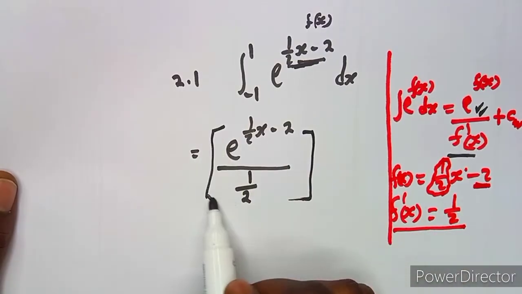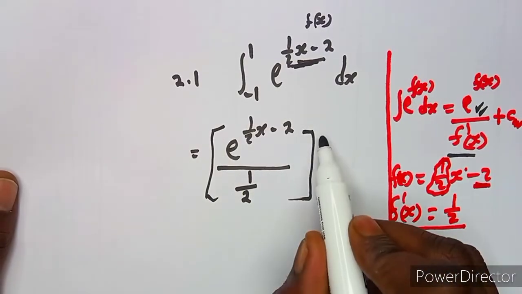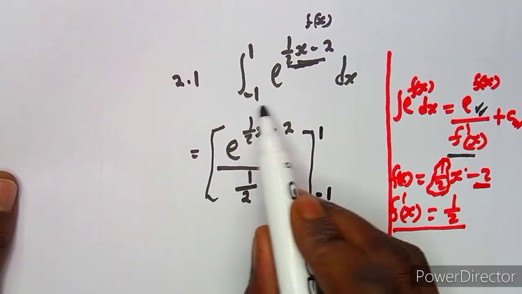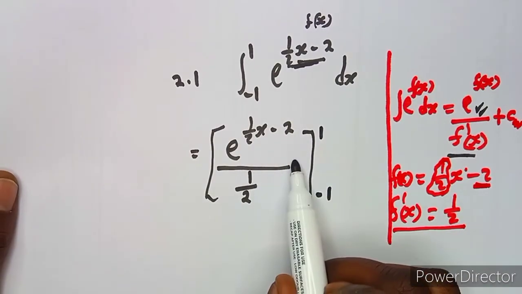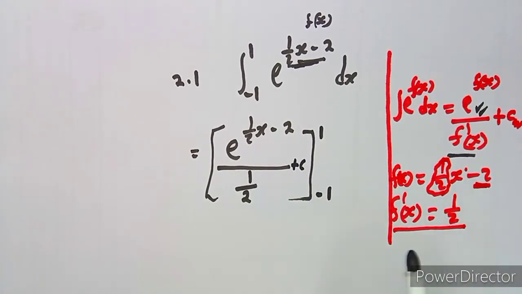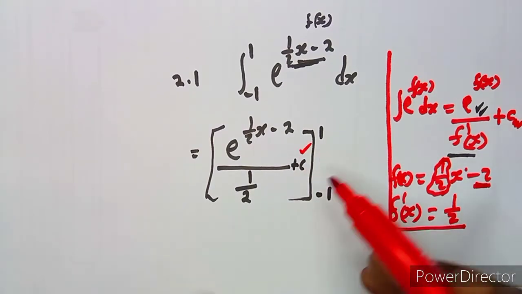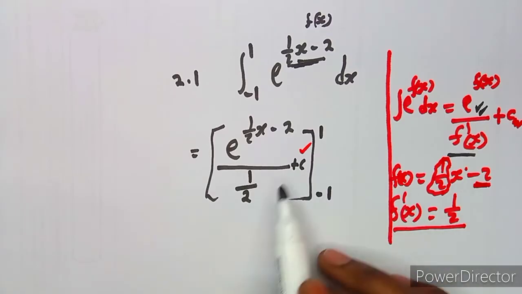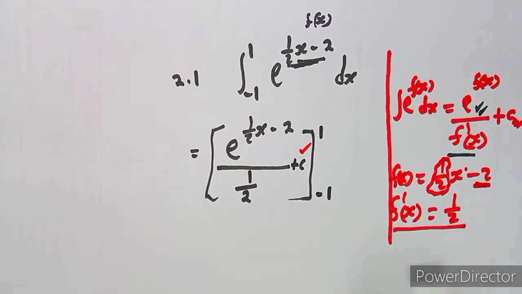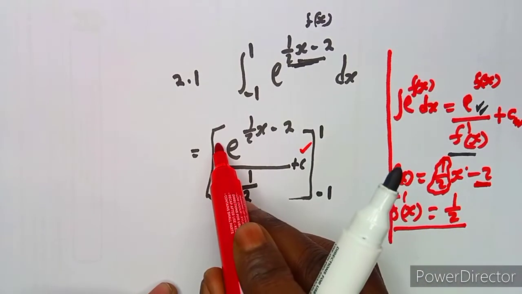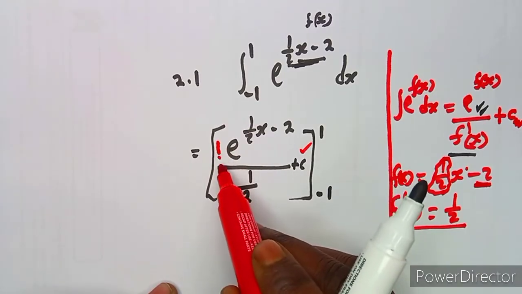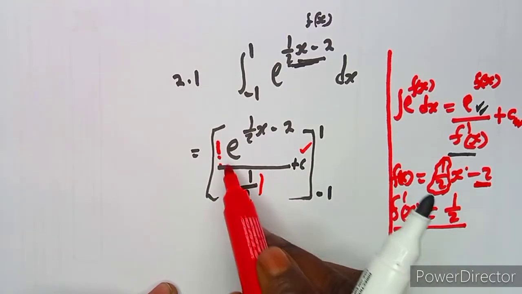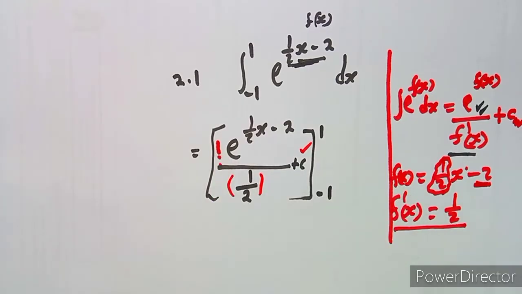Remember, you'll be having the constant of integration, but whenever you are given limits like this, the constant of integration does not matter. Why? Because definitely it's going to cancel with another there, so you can just leave it like that. Okay, then also here, this means 1 divided by 1 over 2, because there's a 1 there.